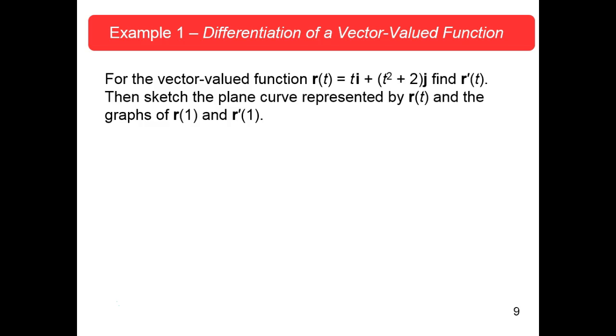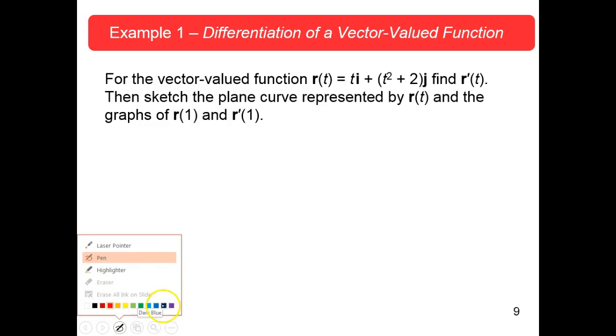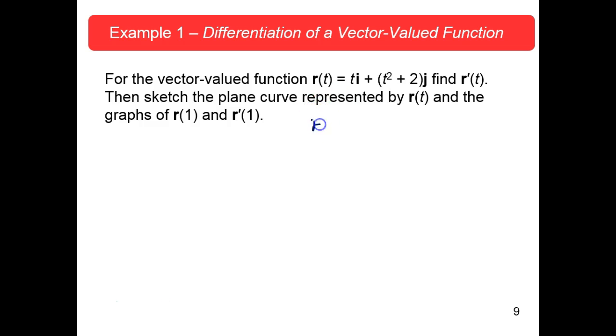Then sketch the plane curve represented by r of t and the graphs of r of 1 and r prime of 1. So first, let's find r prime. Okay, what is r prime of t?